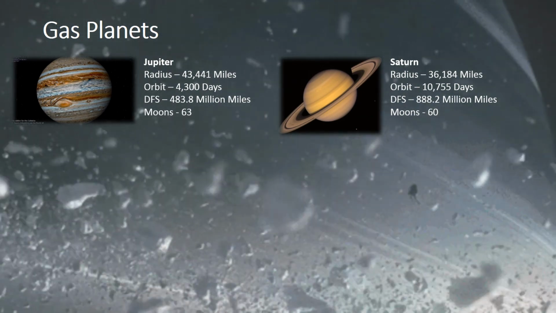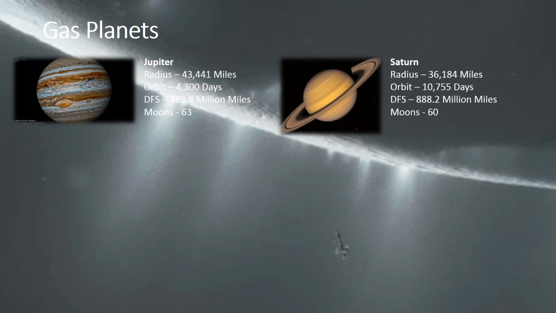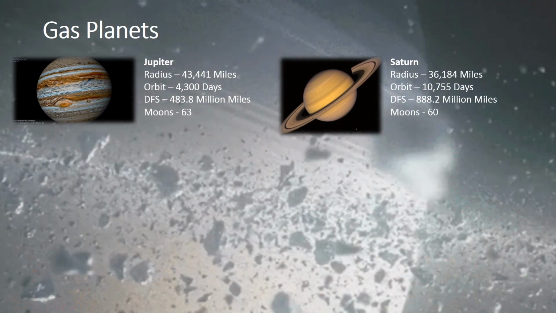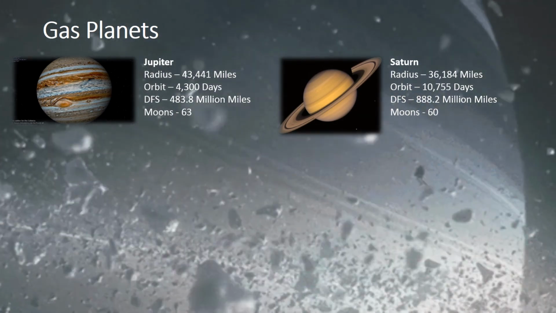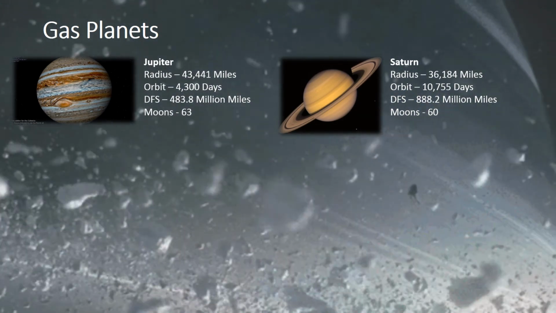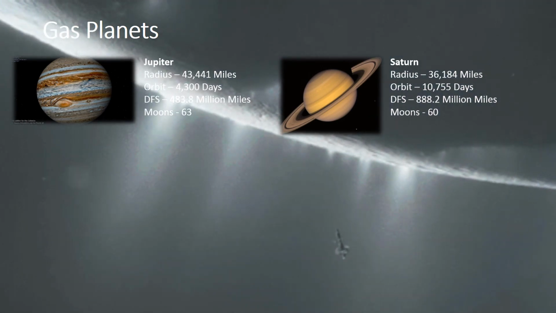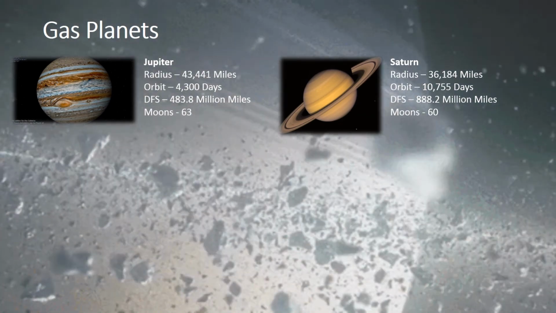Okay? Saturn is also 882 million miles from the sun. And Saturn also has 60 moons. Now, if you know this, Saturn has these cool rings that go around it.